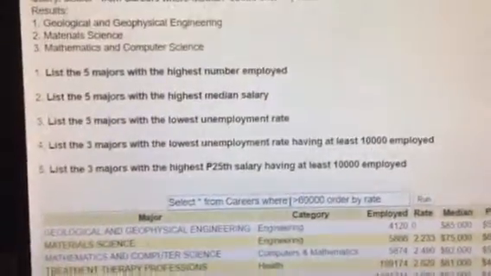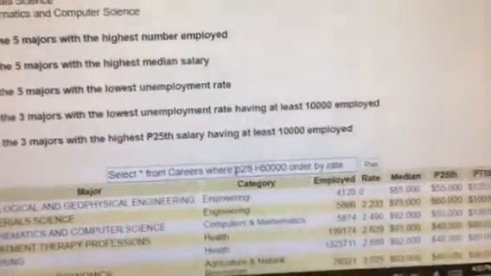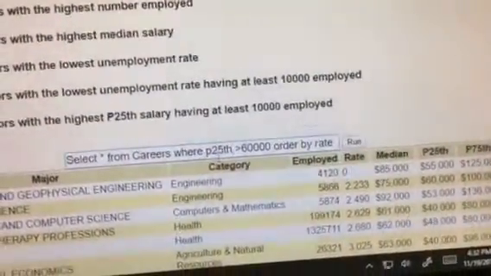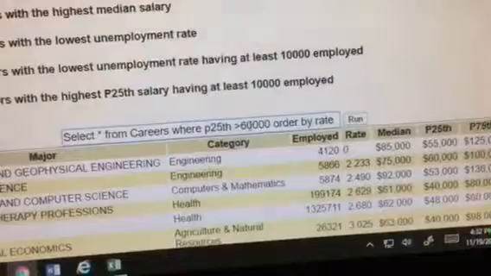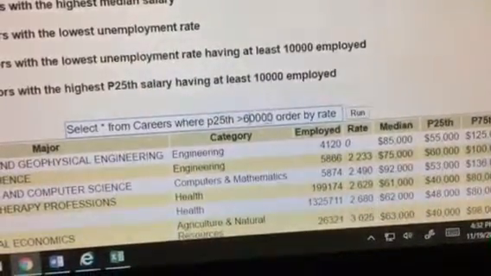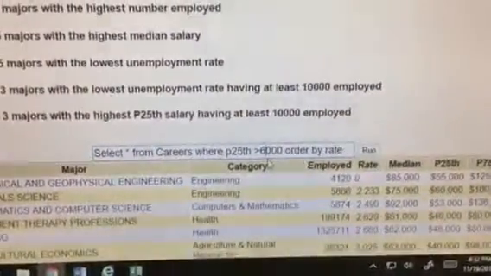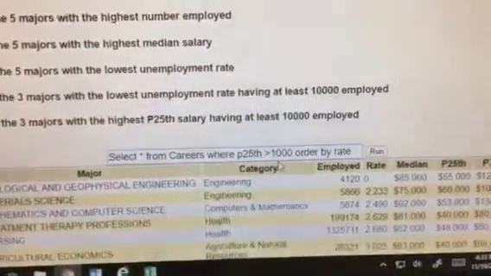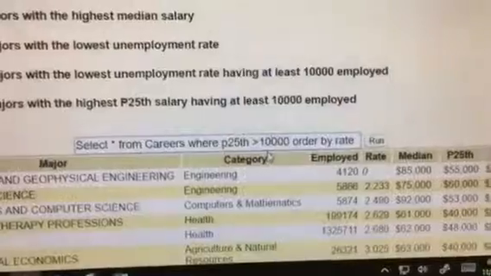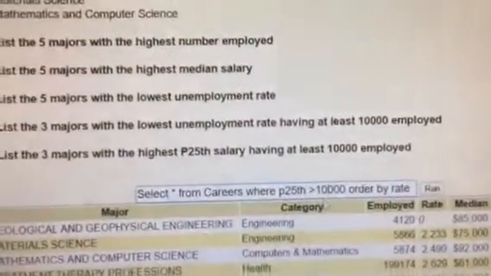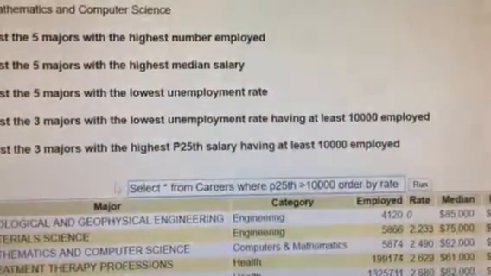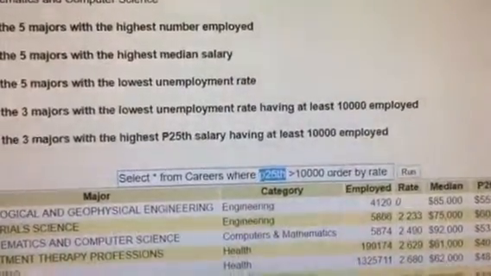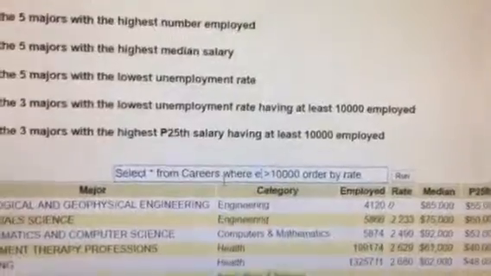So I'm going to change this to the P25th field. P25th is greater than, and in this case I want 10,000. And I want to order it by what? Well, I'm sorry, this is employed, totally not paying attention, having at least 10,000 employed.